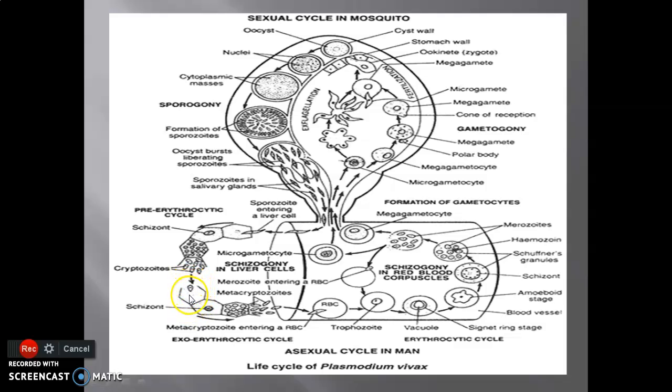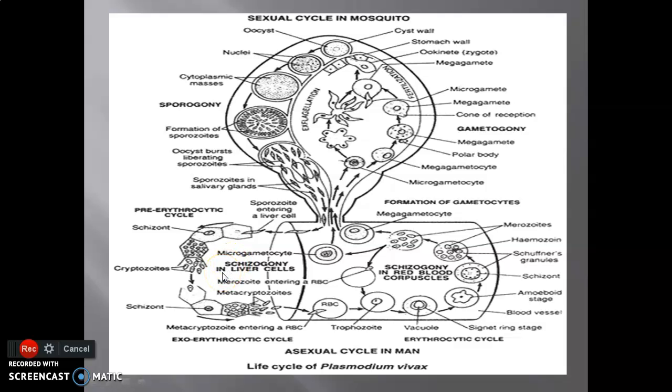See here, it is a cryptozoite entering another liver cell, and it turns into a schizont exactly similar to the first structure which is formed from the sporozoite.